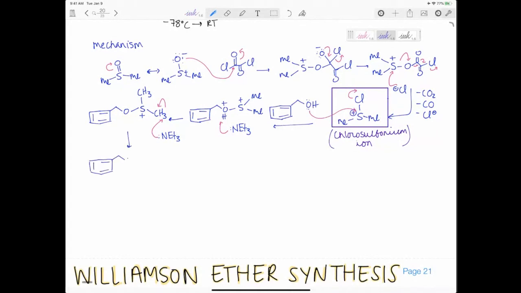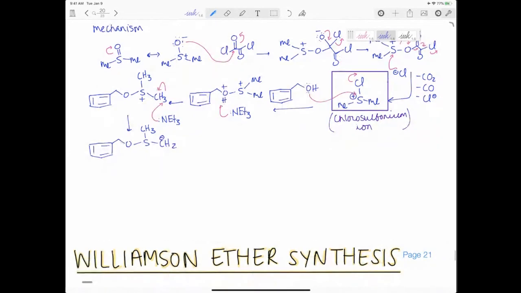Those of you who've been to my resonance review should know what I'm talking about. When carbon has a negative charge, it's really, really unhappy. That's why it's a good nucleophile. So what it's going to try to do is restore itself back into its full octet form.